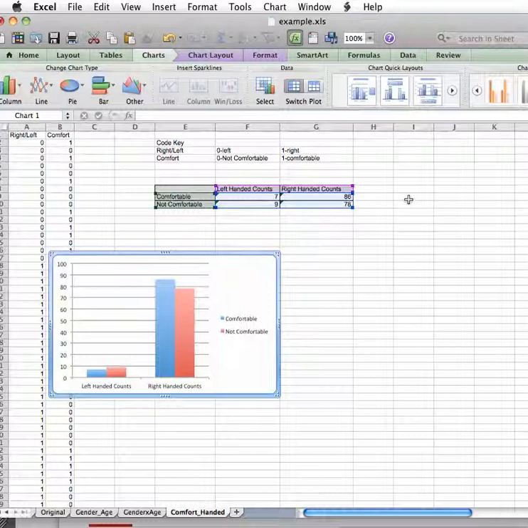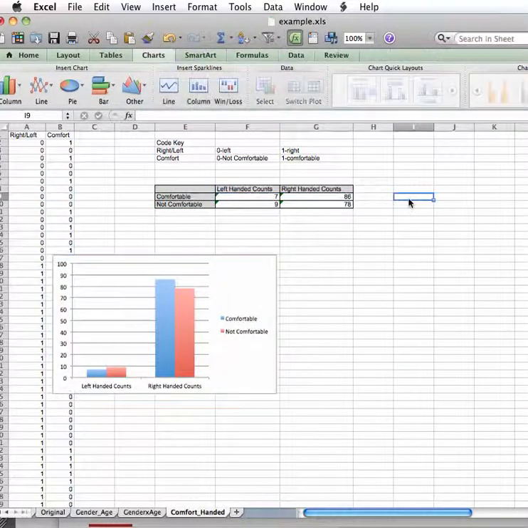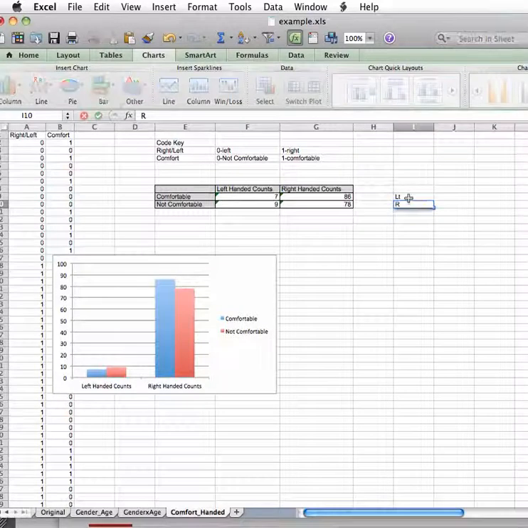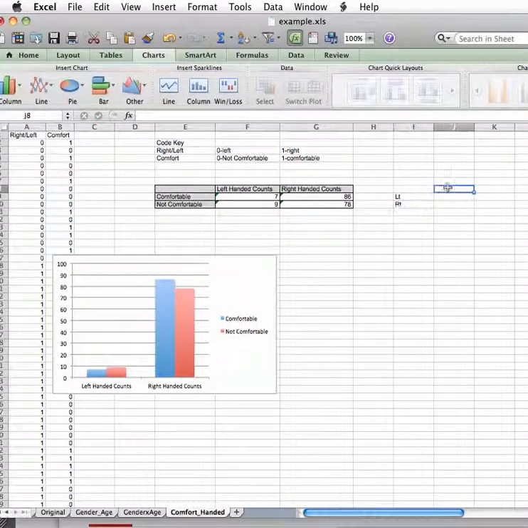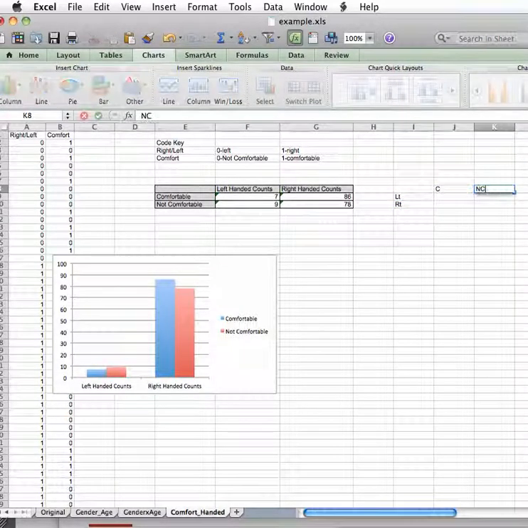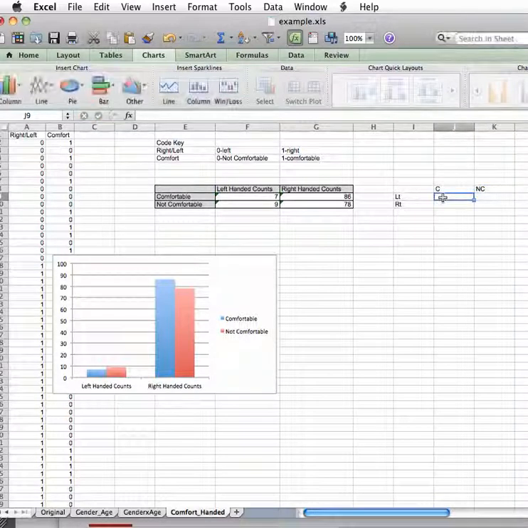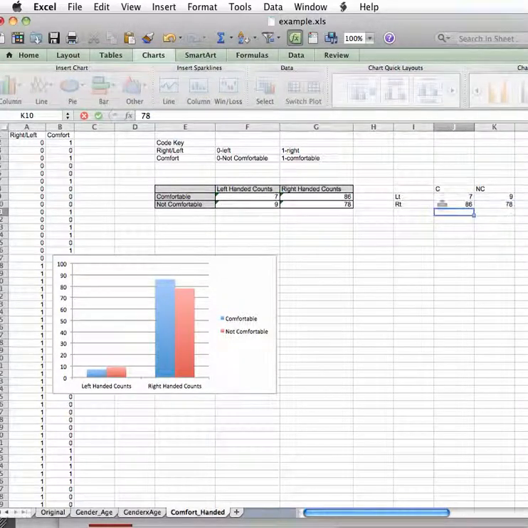So if I change things around here, I'm just going to go left, and I'm going to do right, and then I'm going to do C, and I'm going to do not C very quickly there. And let's see, we have left-handed comfortable is 7, not comfortable is 9, and 86 for comfortable, and 78 for not comfortable.